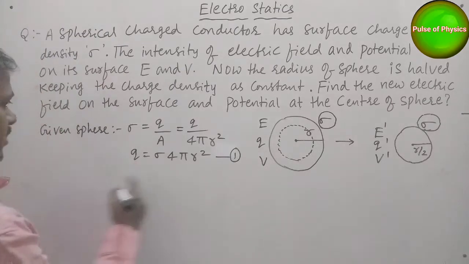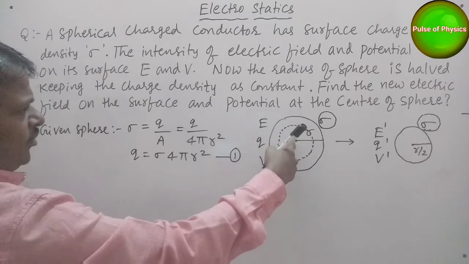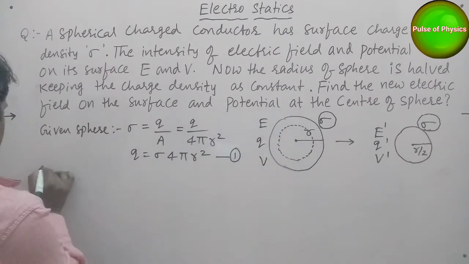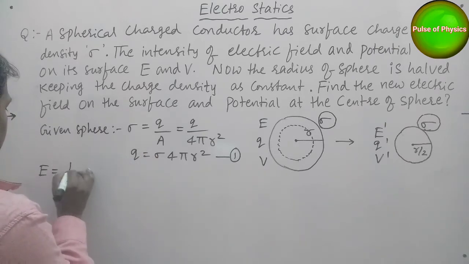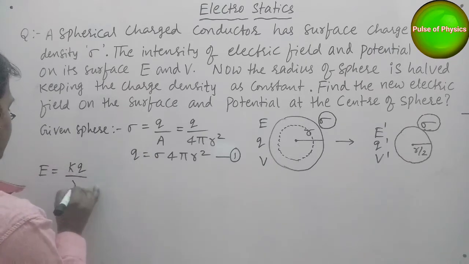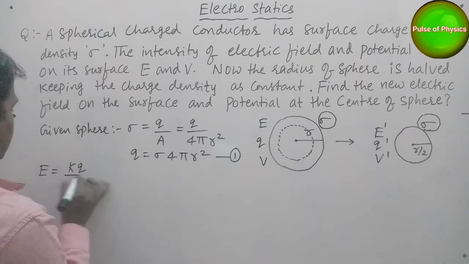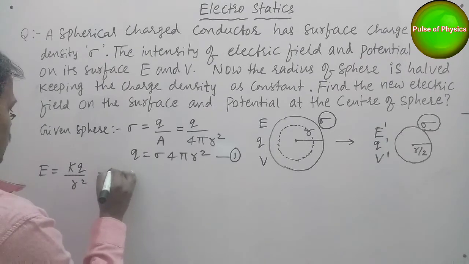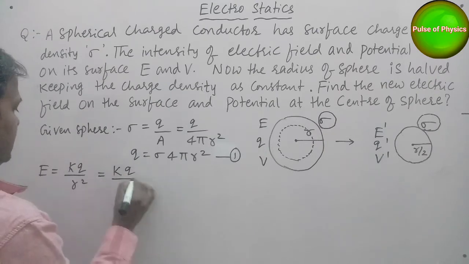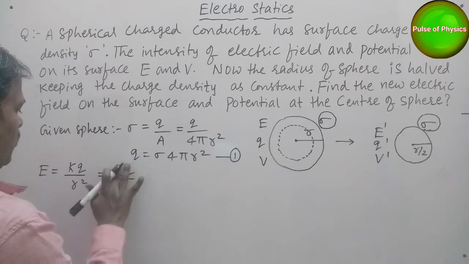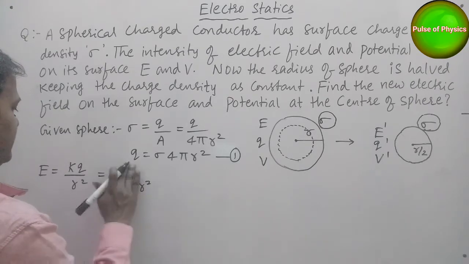Next, the electric field E on the surface due to this sphere. What is the formula? E is equal to KQ by r square, with distance r. We can write it like this: Q by 4 pi epsilon naught r square.